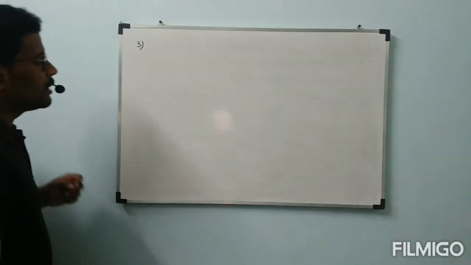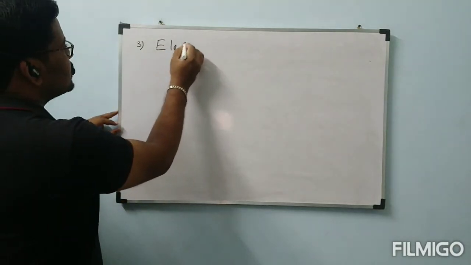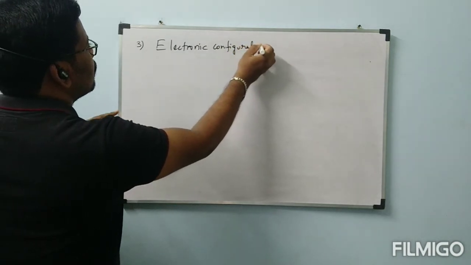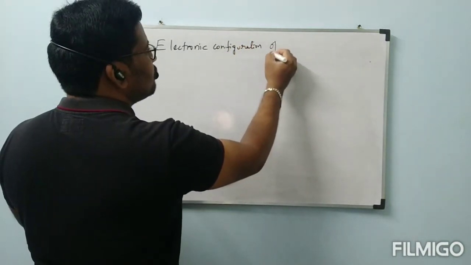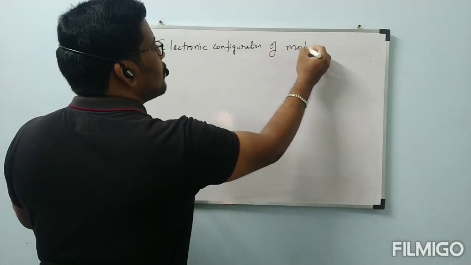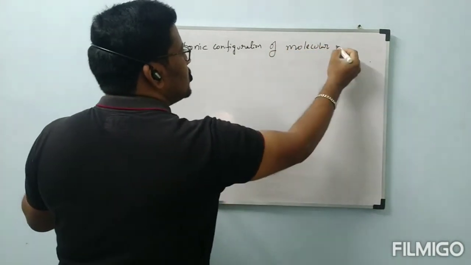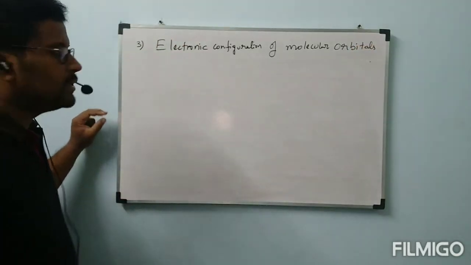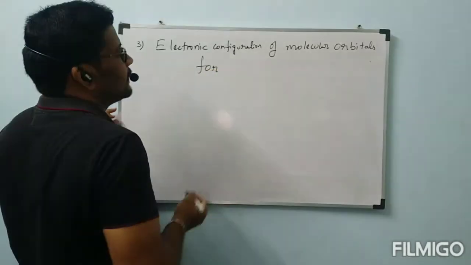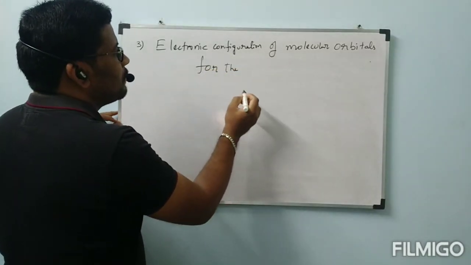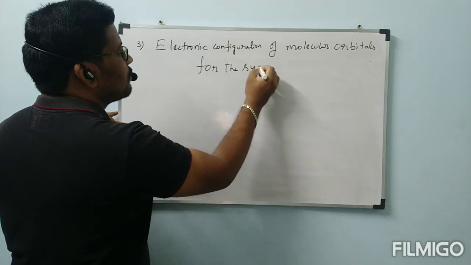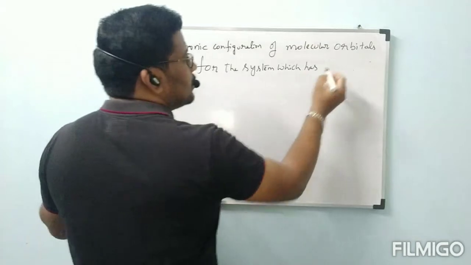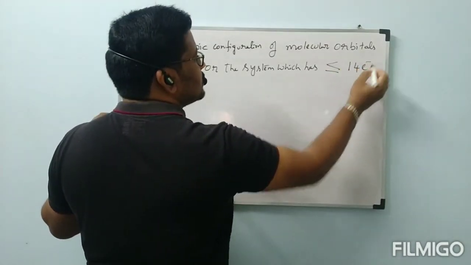Coming to the third point, electronic configuration of molecular orbitals for the system which has less than or equal to 14 electrons.